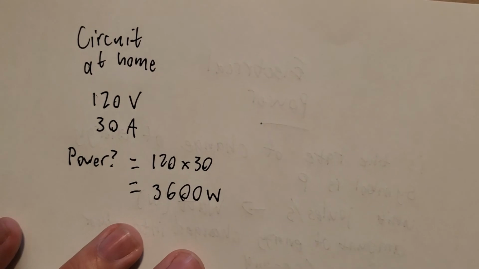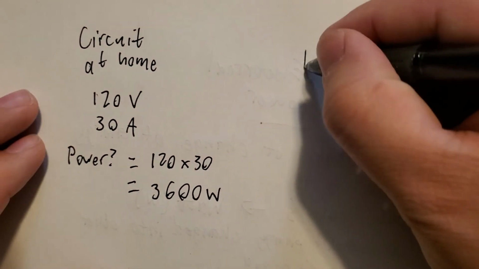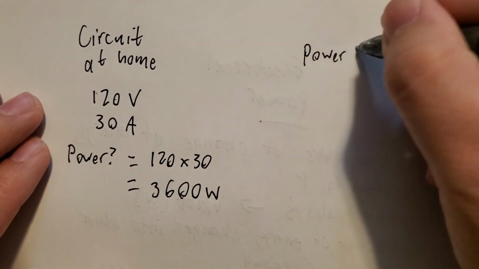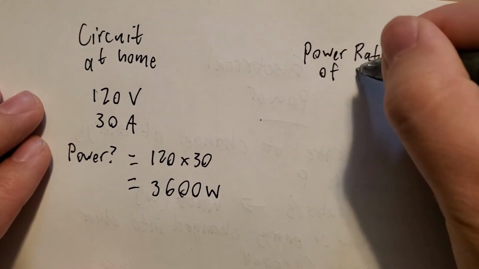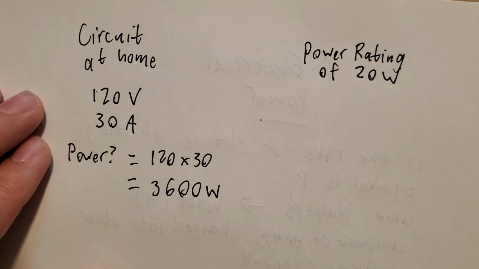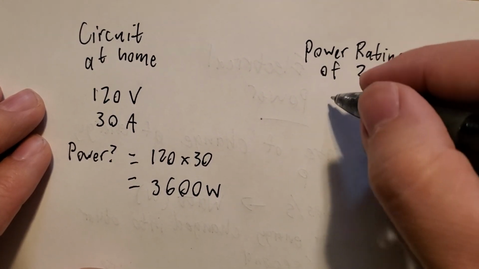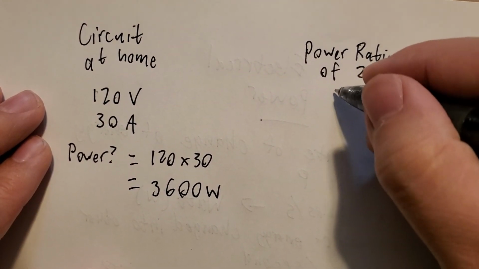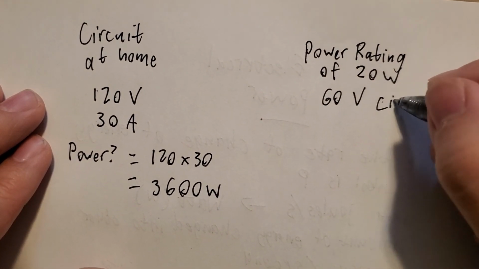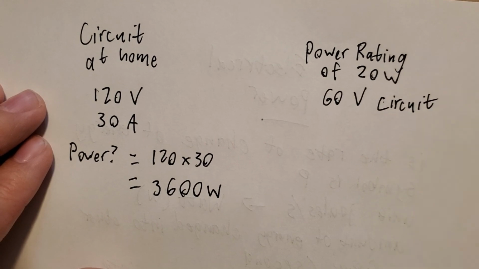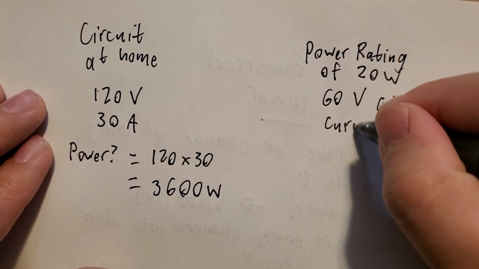Now, if something said that it had a power rating of 20 watts, and I wanted to plug it into a 60 volt circuit, how much current would be flowing through there?